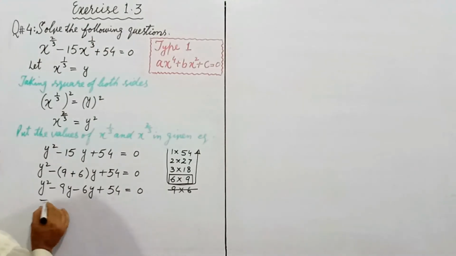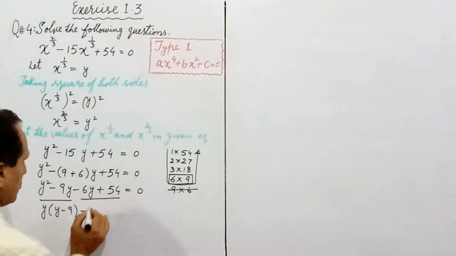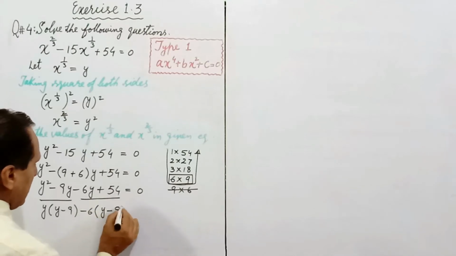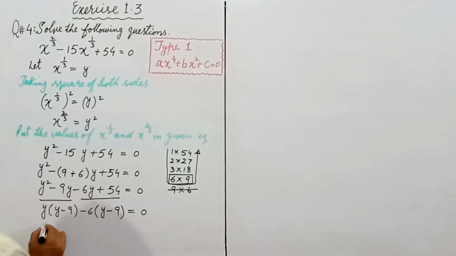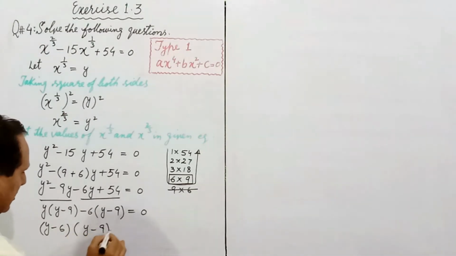We take y common from the first two terms, y minus 9 is left. Minus 6 is taken common from these two terms, y minus 9 is left, equal to 0. So y minus 6, and according to the right property of taking common, y minus 9 is written as the second factor.